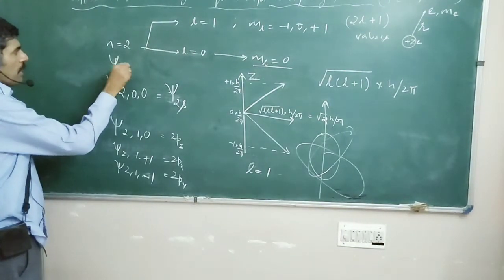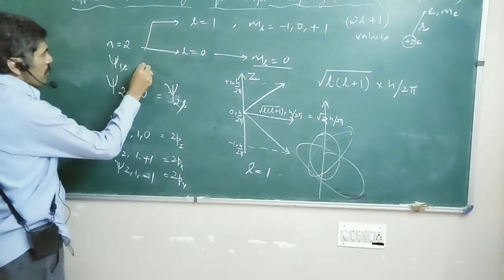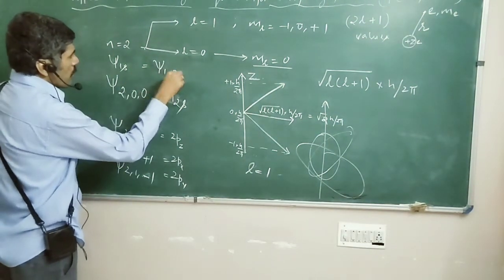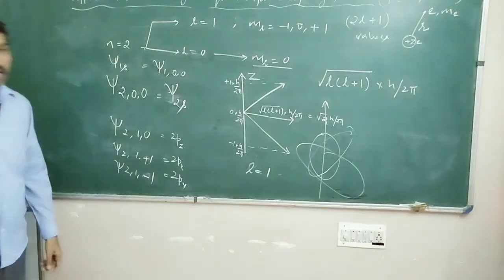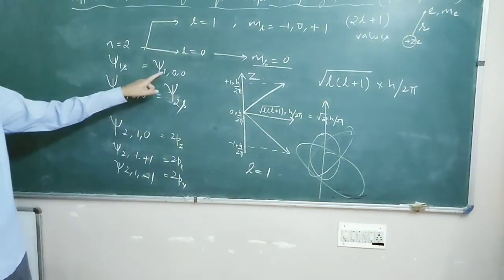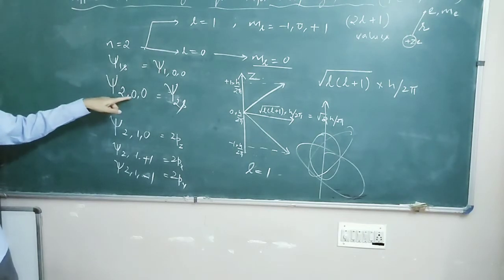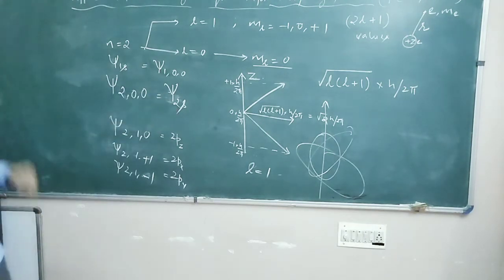Similarly, if you want to write the 1s orbital, for 1s orbital it is nothing but n equal to 1, l equal to 0 and ml also equal to 0. So psi 100 is given the name 1s orbital, psi 200 is given the name 2s orbital.